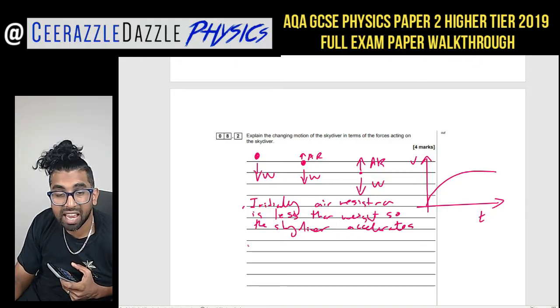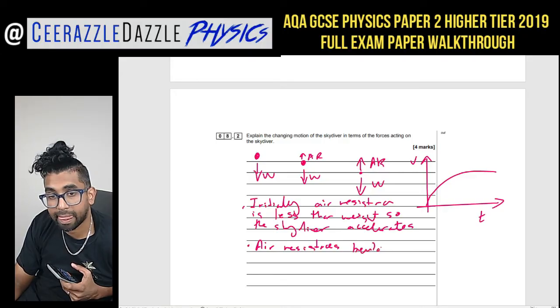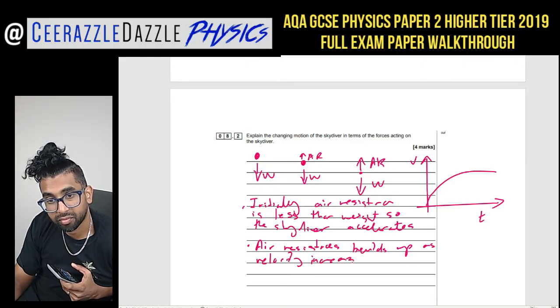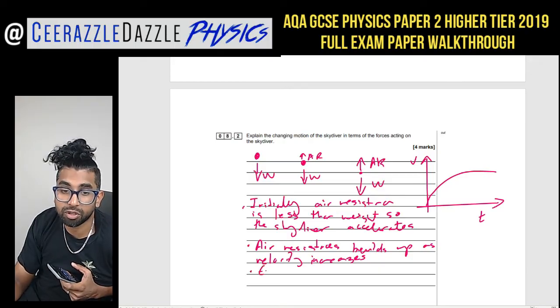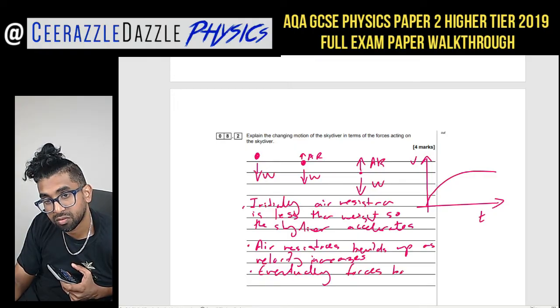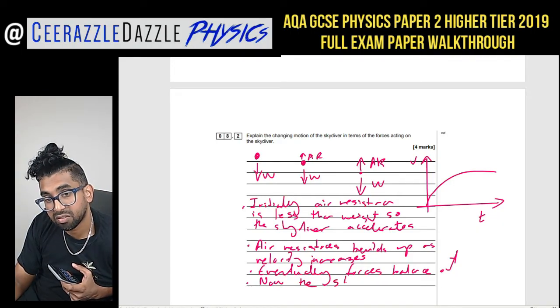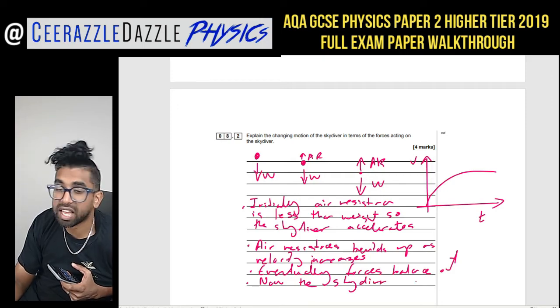But then air resistance builds up as velocity increases. And therefore, eventually, the forces balance out. And as the forces balance out, the skydiver moves at terminal velocity.